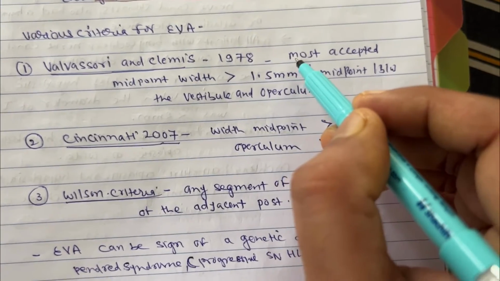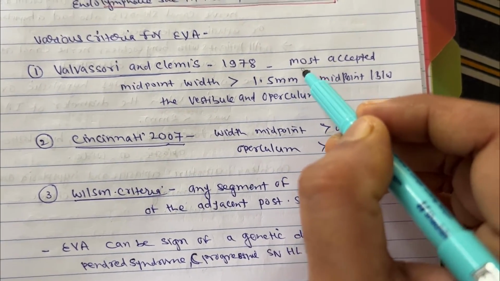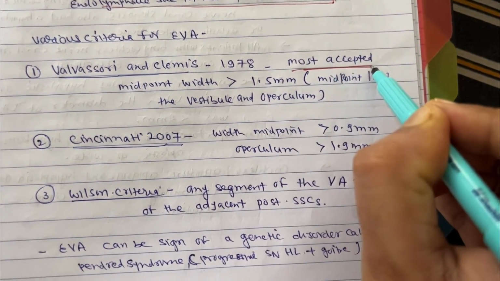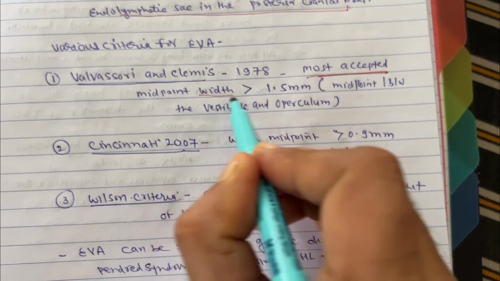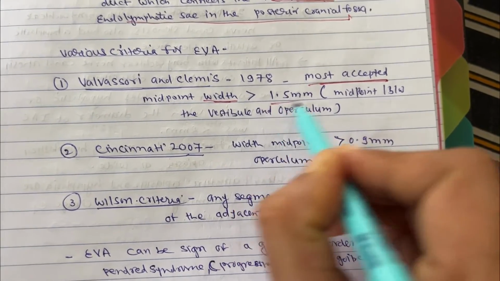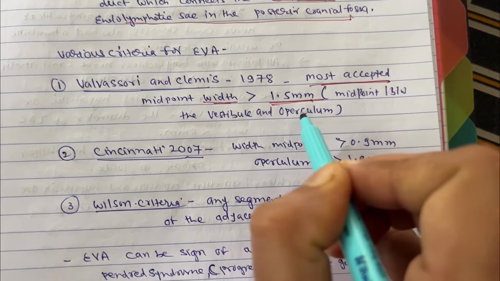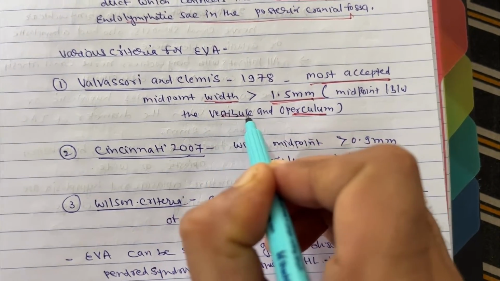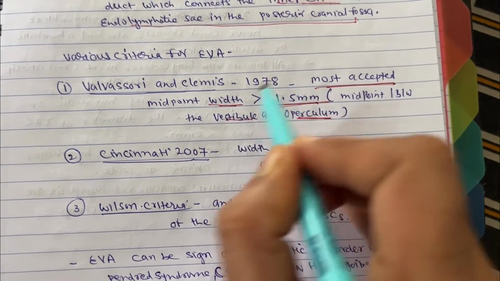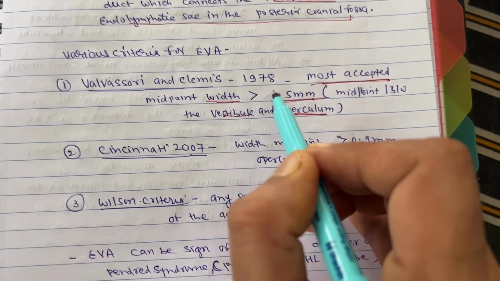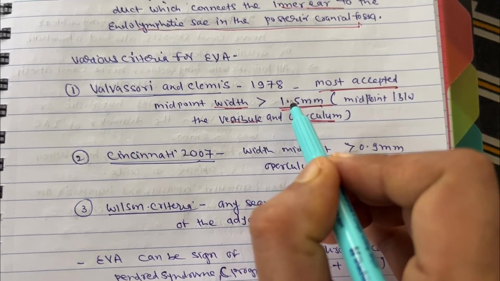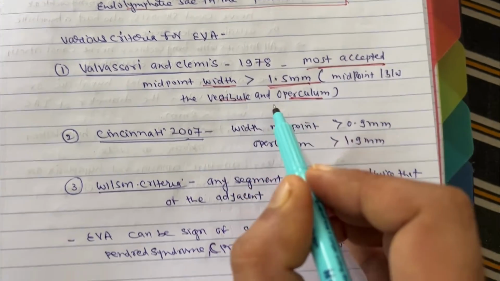According to Valvassori and Clemis, the most commonly accepted classification, the midpoint width is more than 1.5 mm. It is the midpoint between the operculum and the vestibule. If you measure the width and it is more than 1.5 mm, it is enlarged vestibular aqueduct.